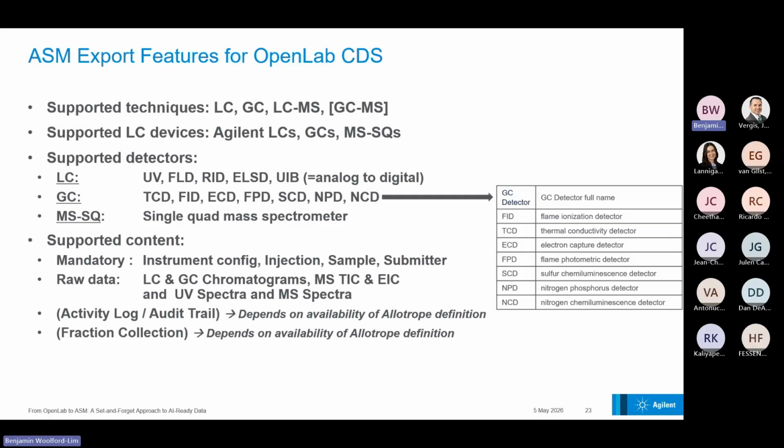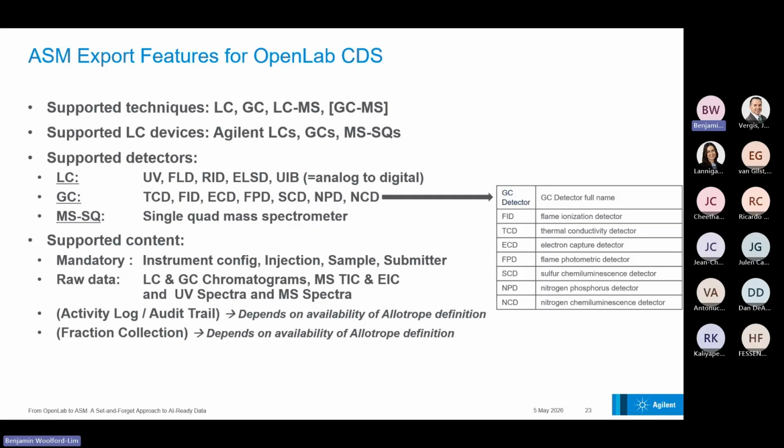So what we will support in this conversion is various techniques. So LC, GC, LC-MS, probably also GC-MS for Agilent LCs, GCs, and single quads. There are more detectors supported, and you know from the earlier product, which was the ADF UV converter.